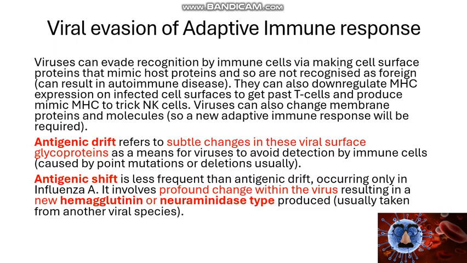So viruses are able to evade recognition by immune cells by making cell surface proteins that mimic host proteins. So they're not recognized as foreign, so they're not going to stimulate an adaptive immune response, because when we're developing T cells and B cells within the thymus and the bone marrow, they go through their affinity maturation process.